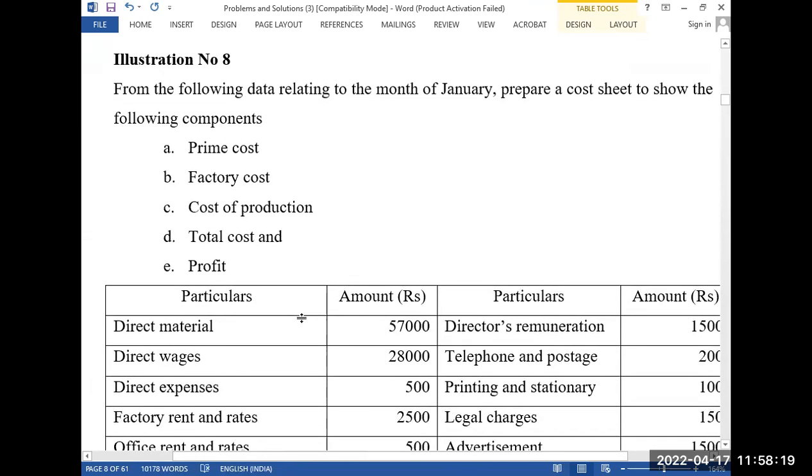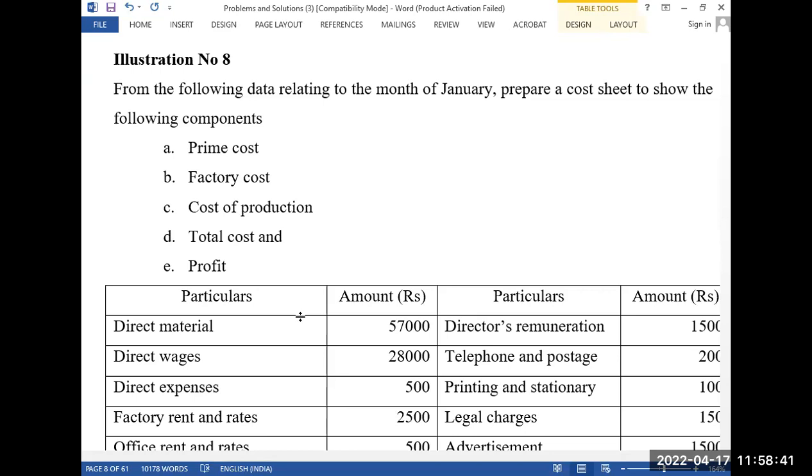Okay, now this is a question on the cost sheet. Illustration number 8. There is some data given to us relating to a company's production. From the following data relating to the month of January, prepare a cost sheet to show the following components: prime cost, factory cost, cost of production, total cost, and profit.